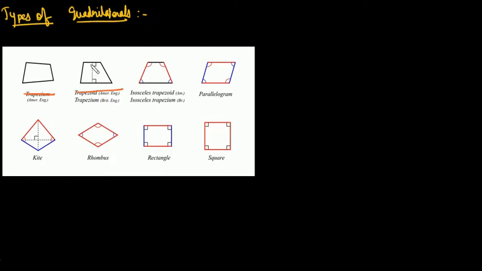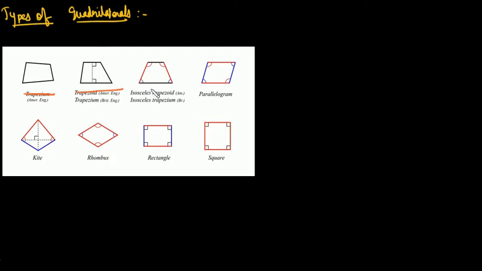So one pair of parallel sides, another pair of non-parallel sides. Okay, you can call this a trapezium. So what is a trapezium? It means a quadrilateral with four sides, of which one pair of opposite sides is parallel. Okay, what is an isosceles trapezium?